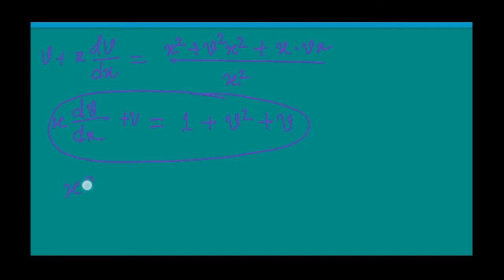So x dv by dx is equal to 1 plus v square, and here if we separate the variables, dv by 1 plus v square is equal to dx by x.